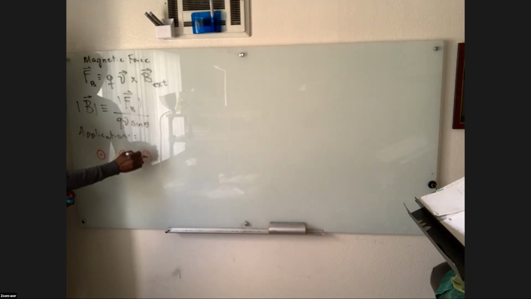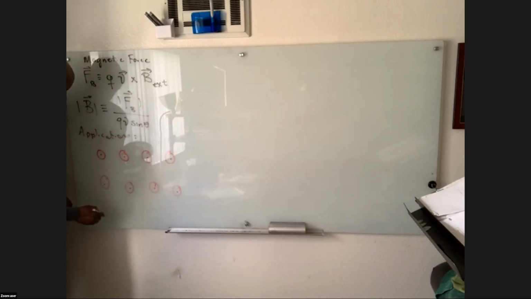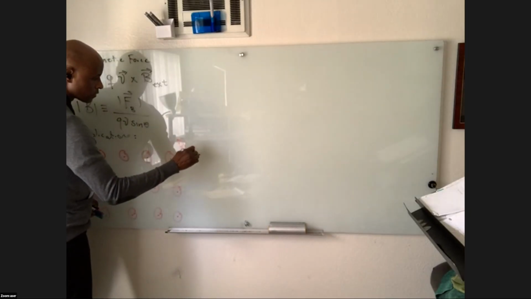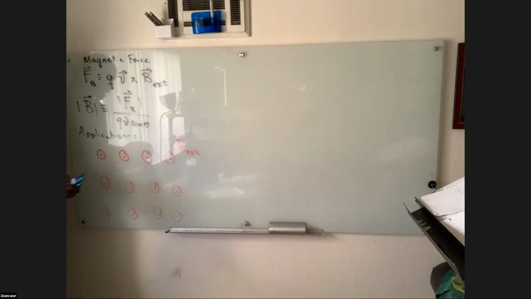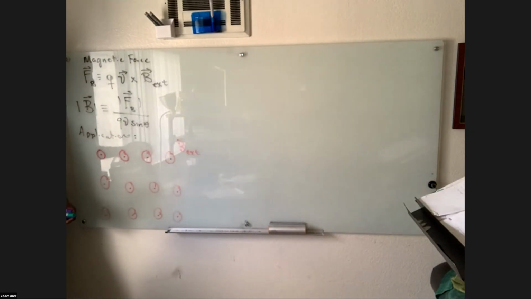It's a constant field, so the space between the field lines is the same. So this is B external. And I can switch on this field whenever I want. I can turn it on and off. I have a switch.